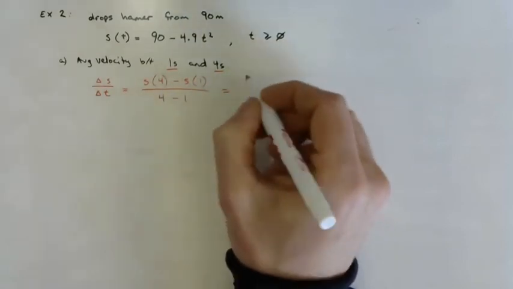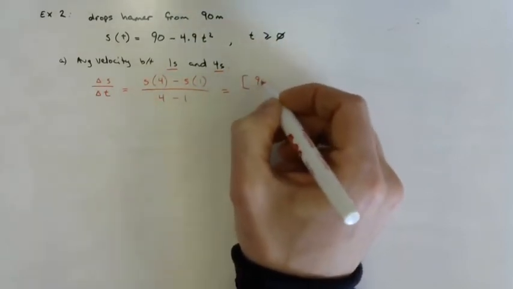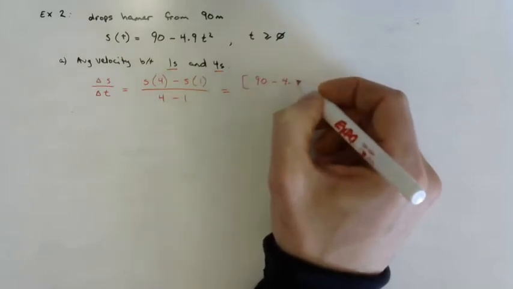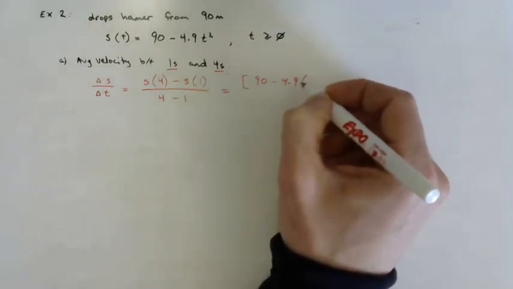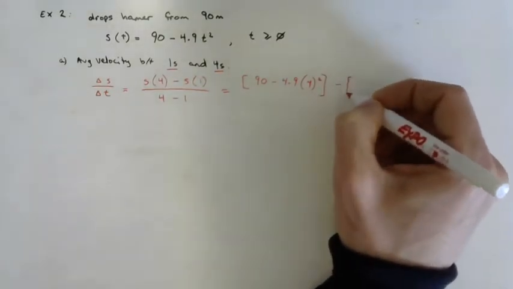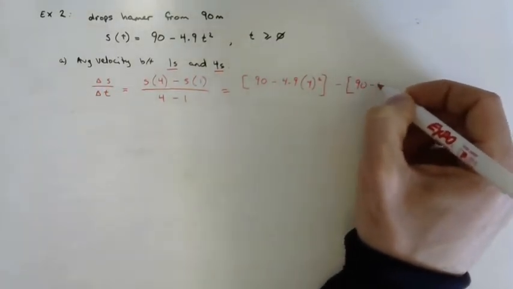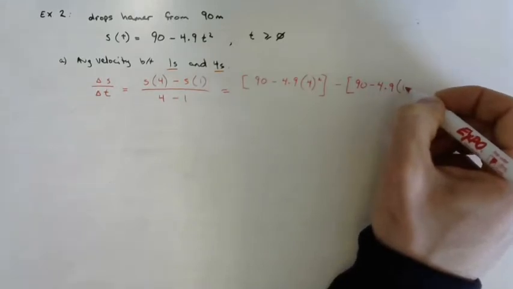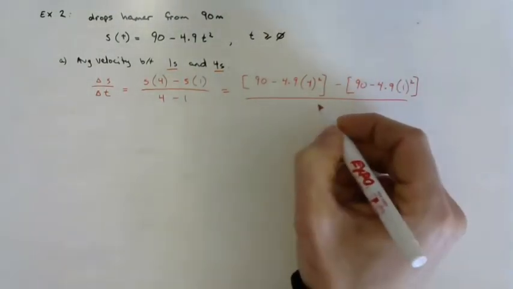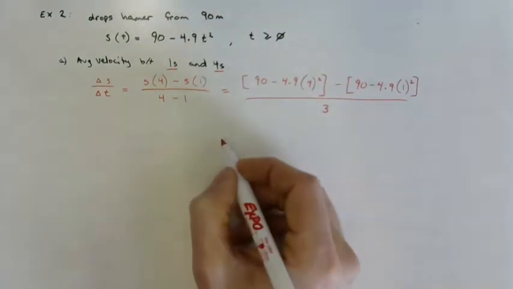So this is basically just taking our function s of t and subbing in 4 for t. So we've got 90 minus 4.9 times 4 squared, and then subtracting 90 minus 4.9 times 1 squared, over 3.